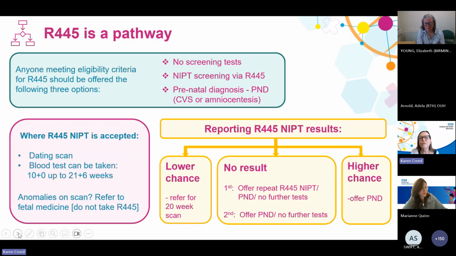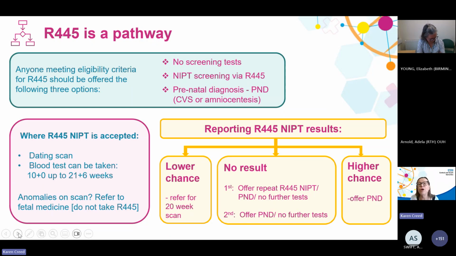So results for R445 NIPT are reported in the same way as NIPT results on the fetal anomaly screening pathway. So if they get a low chance result, then the pathway stops at that point and they go back to routine antenatal care and are offered a 20-week scan, of course. They may get a no result.